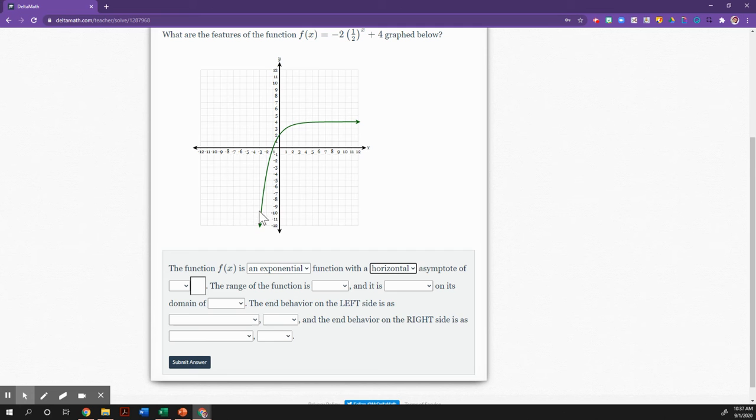This one has been flipped over, of y equals 4, because these values are approaching 4. So there's our asymptote. This is at 4.